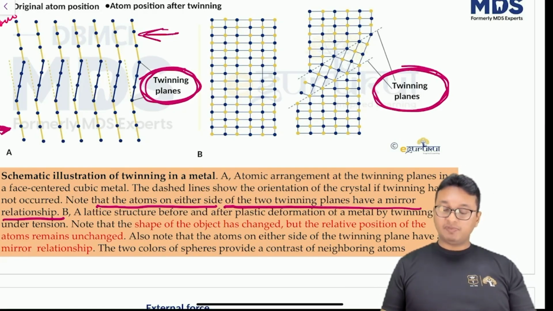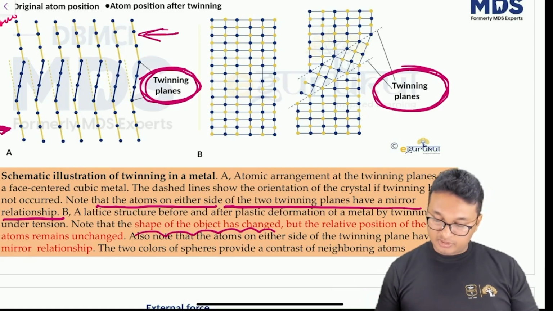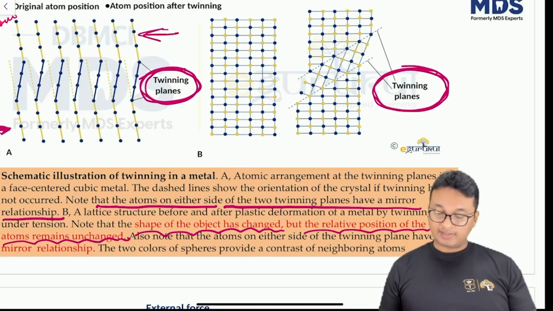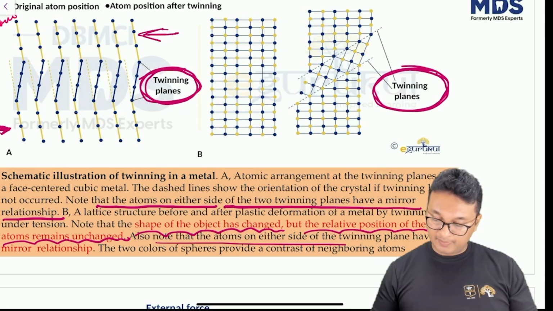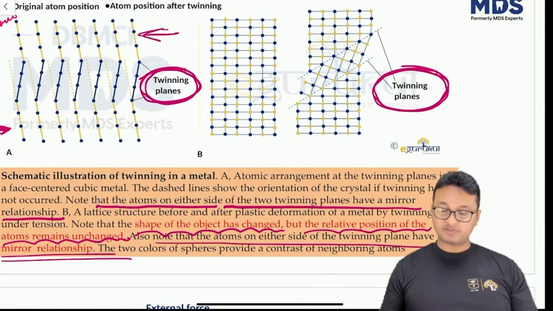This is important. A lattice structure before and after plastic deformation of a metal by twinning under tension. Note that the shape of the object has changed, but the relative positions of the atoms have remained unchanged. Also note that the atoms on either side of the twinning planes have a mirror relationship to each other. That is what I was talking about.